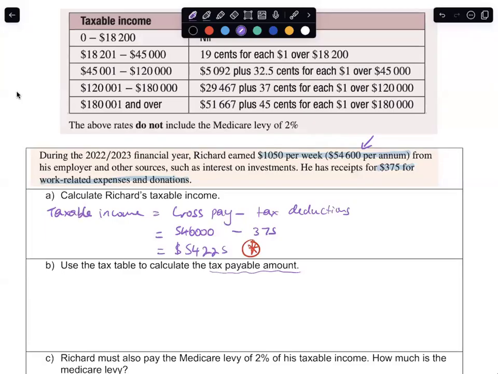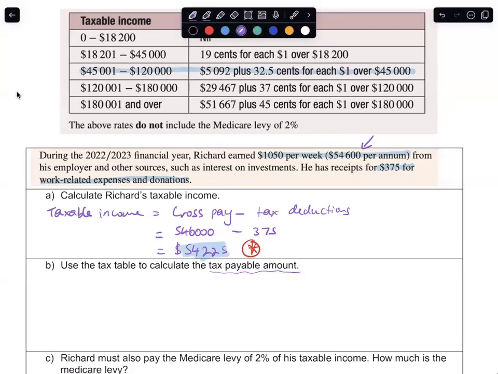As I mentioned before, we need to make sure that we use our taxable income when we talk about the tax table, so it matches our income tax table. Just like in our previous example, we want to identify which category we fit into. We have $54,224, which means we fit into this tax bracket here, and we have to use that rule.